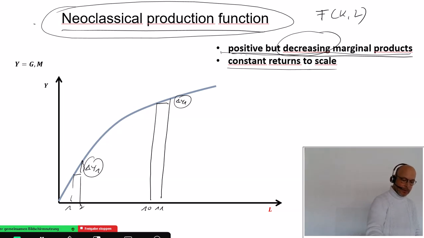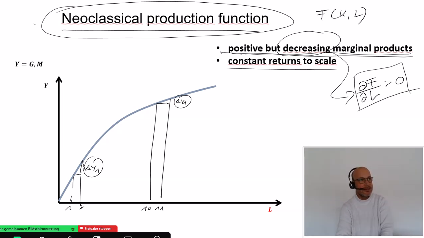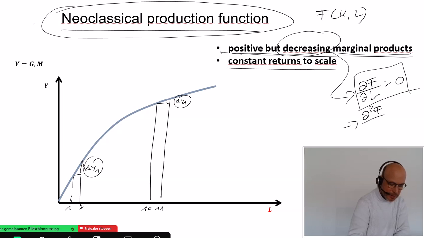Well, and there, if we talk technically about it, this means that the first derivative of our production function is of course positive, but the additional output is decreasing, and therefore the second derivative of our production with respect to our input factor has to be negative.